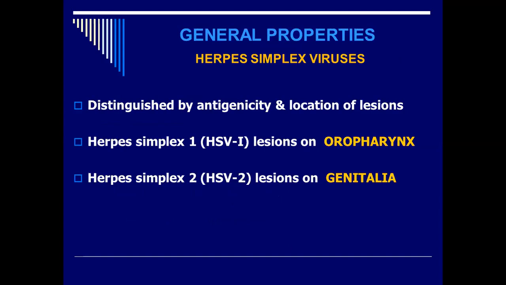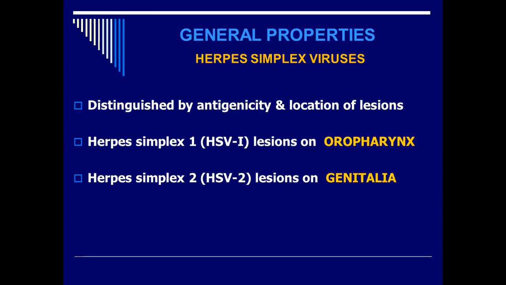Now, the general properties of the herpes simplex virus: broadly speaking, we can distinguish HSV1 and 2 by the antigenicity and the location of the lesions. Both of these, HSV1 and 2, are antigenically different. This means that immunity against one cannot provide you protection against the other, or vice versa. Based on the location of the lesions, HSV1 forms lesions above the waist, mainly in the oropharynx, the face area and the oral cavity.